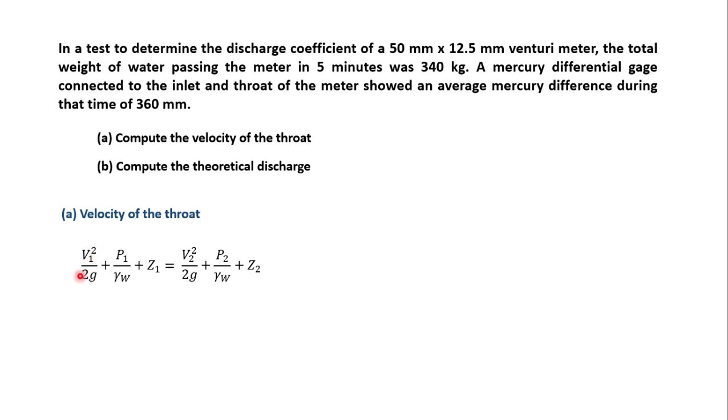V1 squared over 2g plus P1 over specific weight plus Z1 is equal to V2 squared over 2g plus P2 over specific weight plus Z2. As we can see in our figure, Z1 and Z2 are at the same elevation, so they can be cancelled.